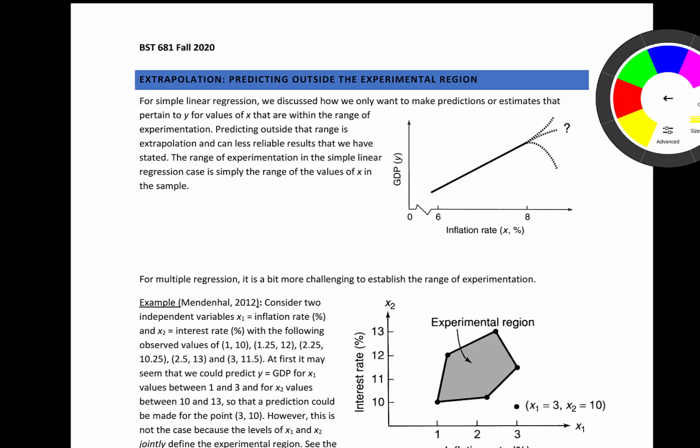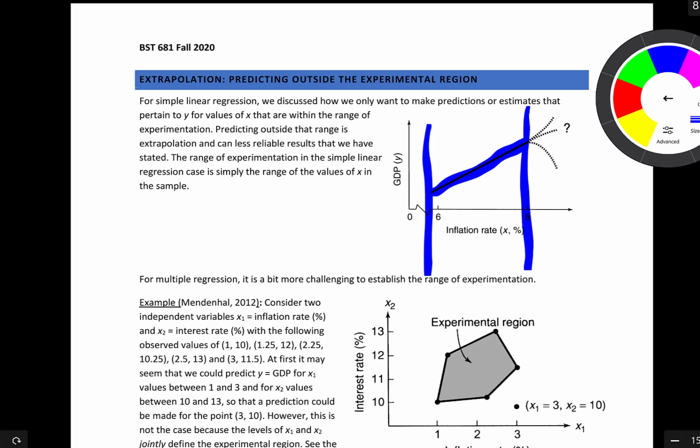So for example, if we look at what we have here, what we're saying is our observed x values only fall in this range. So when we fit the model based on our data, this is our fitted regression line. Past where we have observed data, in other words in this range, we have no data to inform us what is happening.